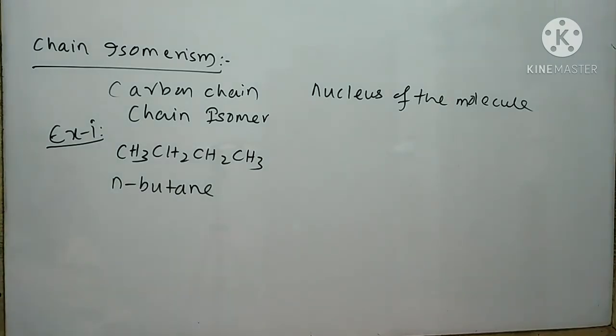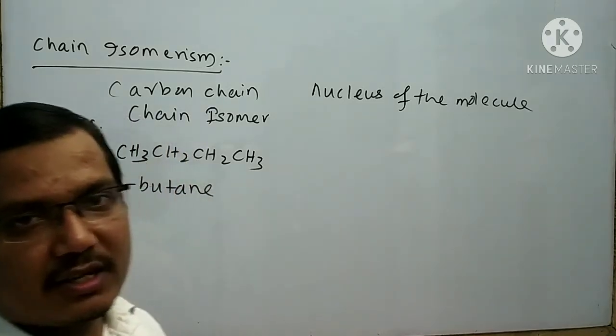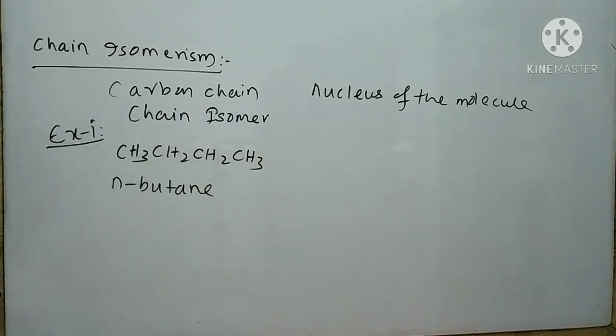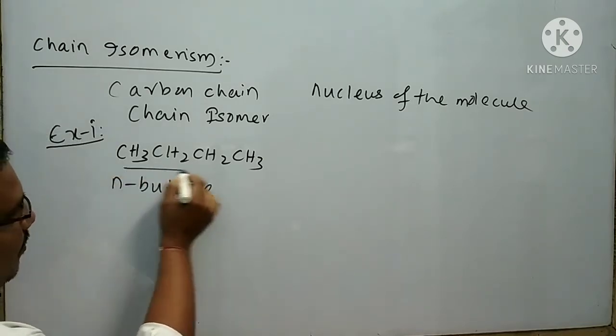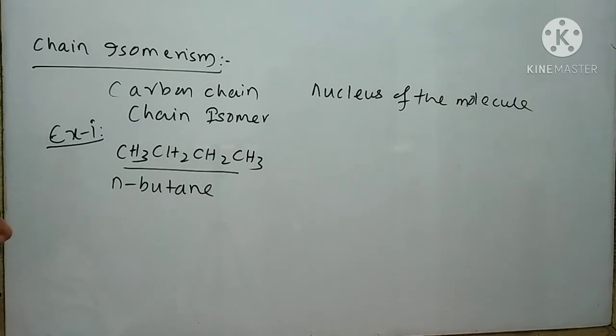What is the chain isomer of n-butane? This can be drawn with the help of decreasing or increasing the number of carbon atoms present in the parent chain. In this organic compound, there are 4 carbon atoms present in the parent chain. So, in this case, I cannot increase the number of carbon atoms in the parent chain.